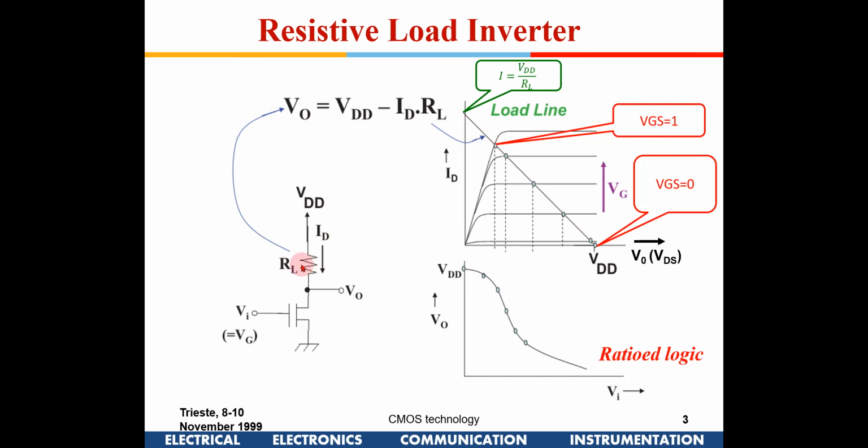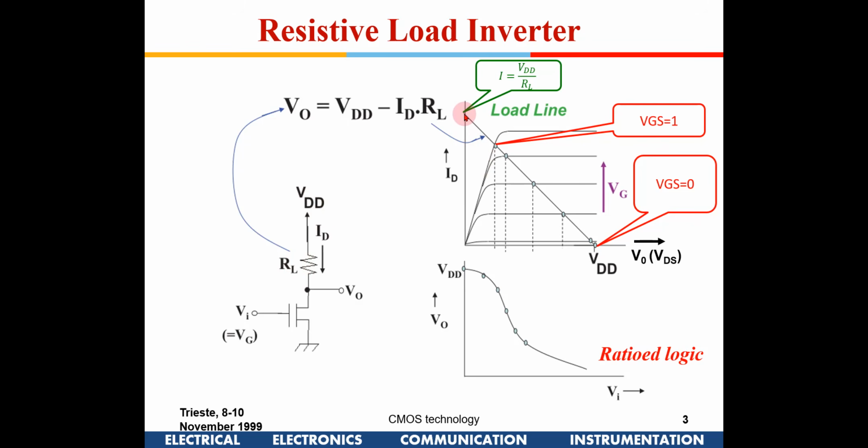For the output to be 0, the maximum current has to flow here, which will be VDD divided by RL.